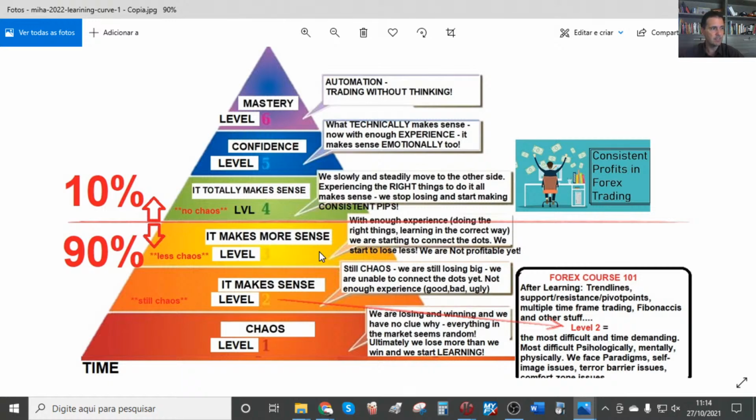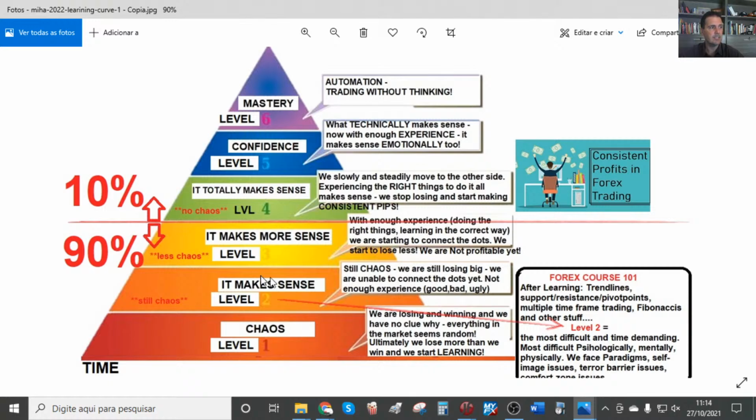make more sense, everybody. And if it doesn't, you are still in level number 2 or level number 1. What is level number 2? It's still chaotic, it's still chaos in our mind. We are still losing big, we are unable to connect the dots yet, not enough experience. We need to experience the good things, the bad things, and the ugly things from the market.